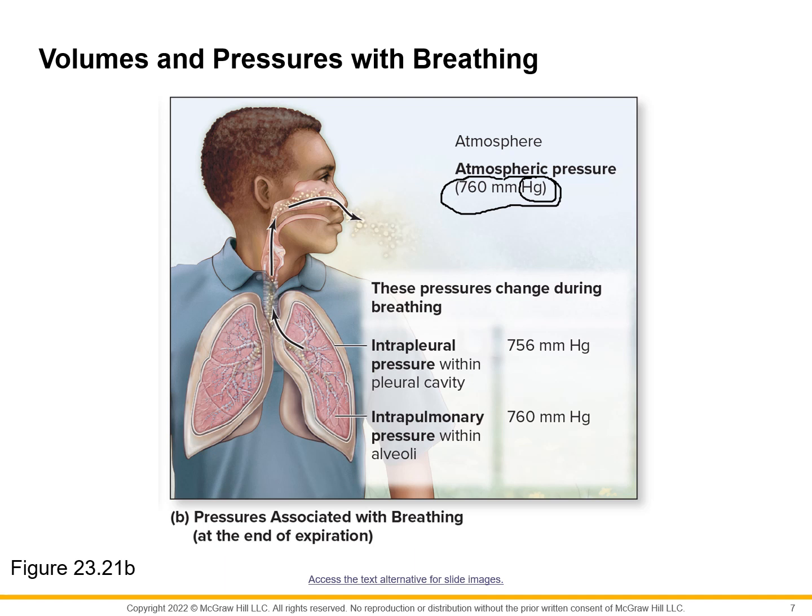So when you exhale, I'm going to talk about exhalation first, and I'll leave you to draw a flow chart like this for inspiration. So imagine that this person just exhaled. So the thoracic cavity volume decreased, right?